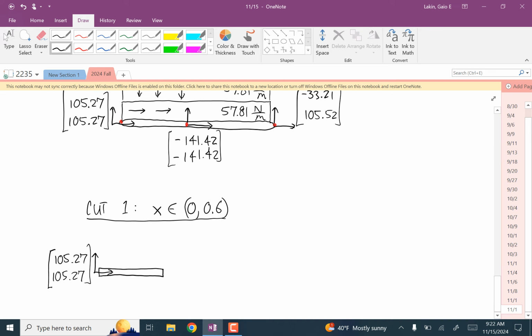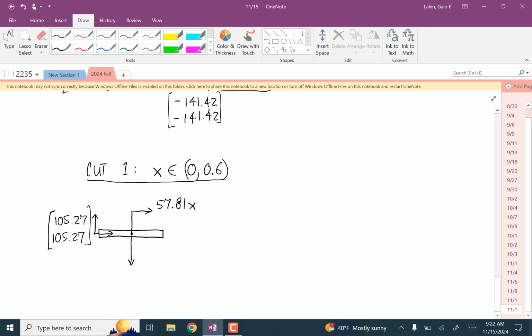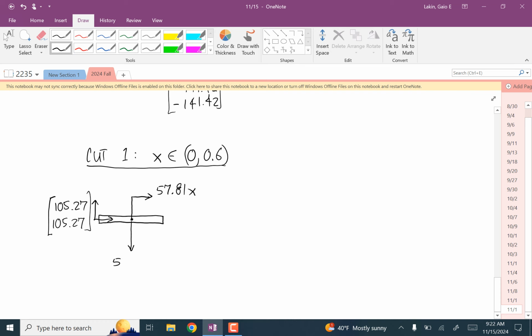Okay, so we have a point force to the right with a magnitude of 57.81 times x. And then we have a point force going down that has a magnitude of 57.81 times x.